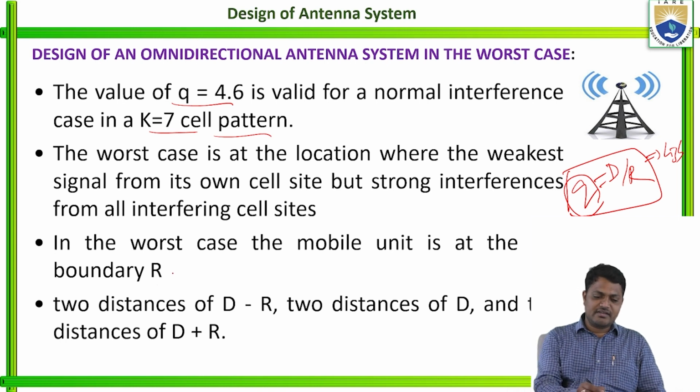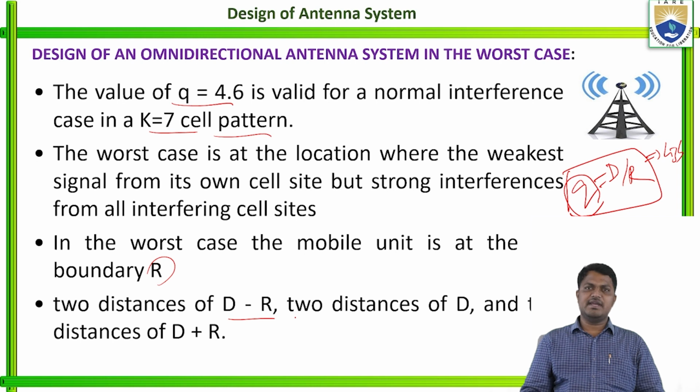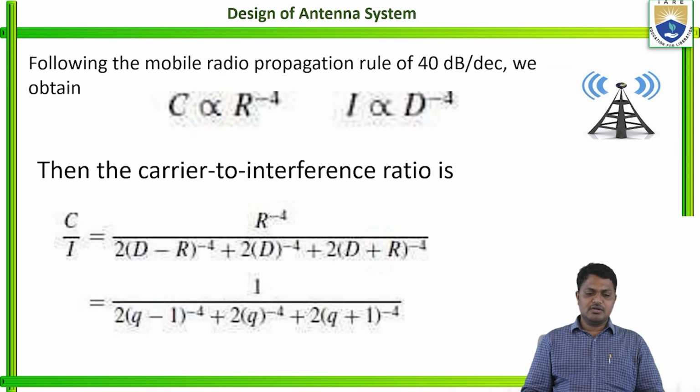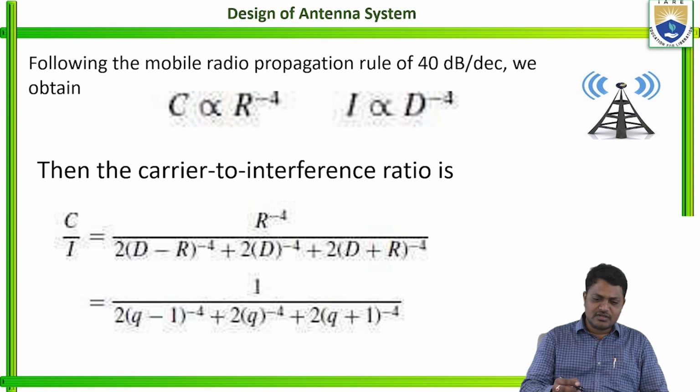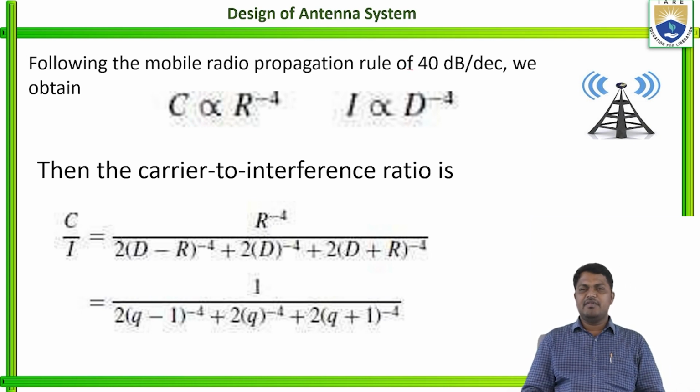We take two distances of D, two distances of D plus R, and two distances of D minus R. To calculate this, following the mobile radio propagation rule, we have to obtain the C value and the I value.